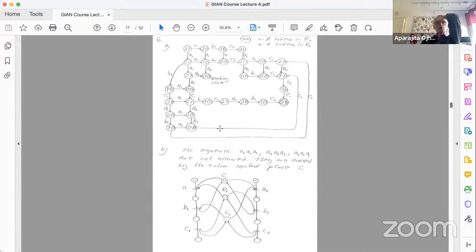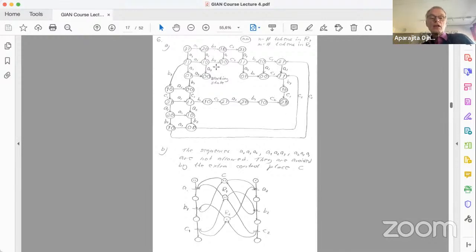And here you could find that there is actually only one blocking state in this system, because in all the other situations, you can continue and reach the marked state from the initial state. I will not give you a comment on the details here.